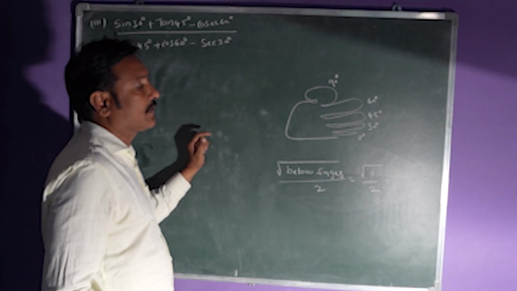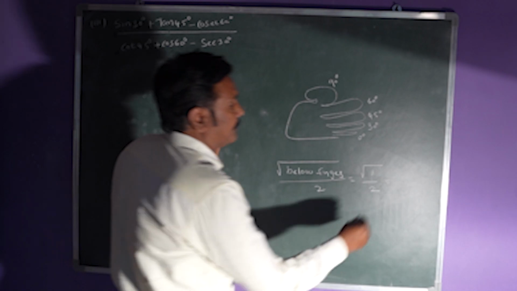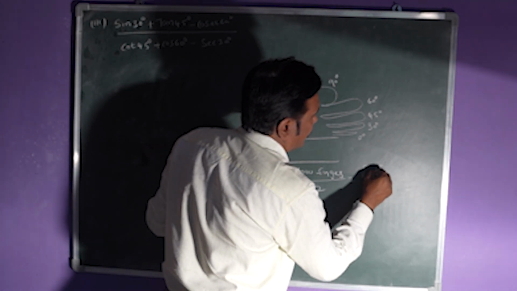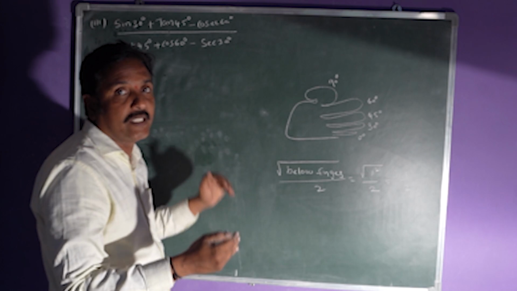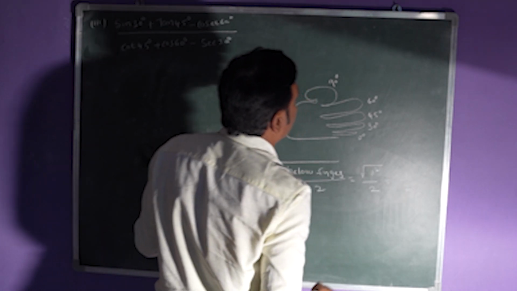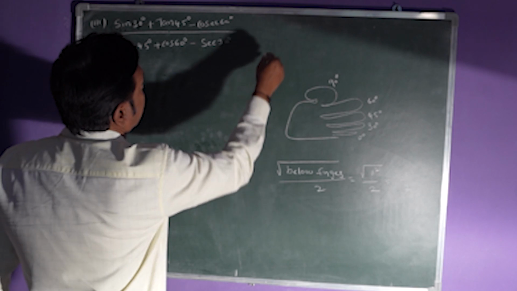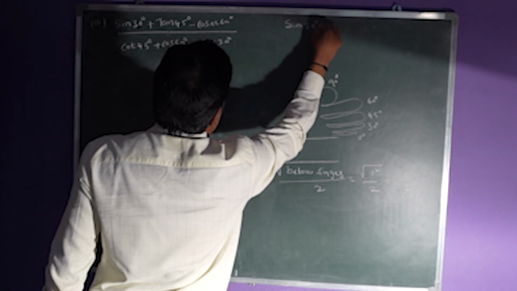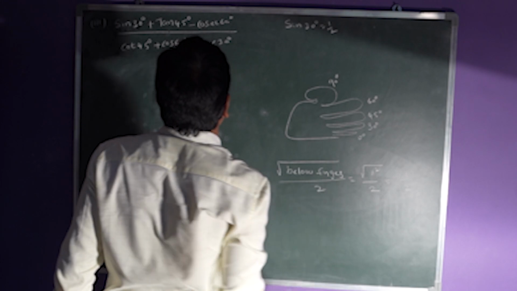Root 1 is 1 square, 1 into 1, and the square root cancels. So sine 30 degrees value is equal to 1 by 2.